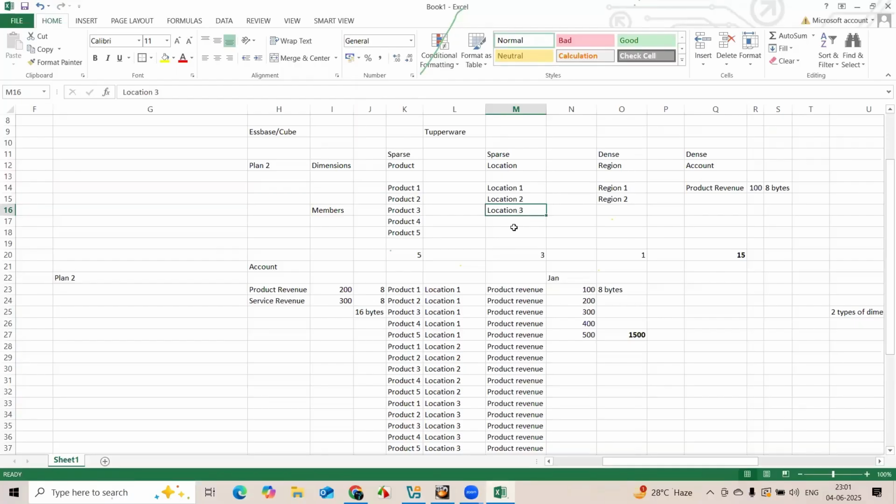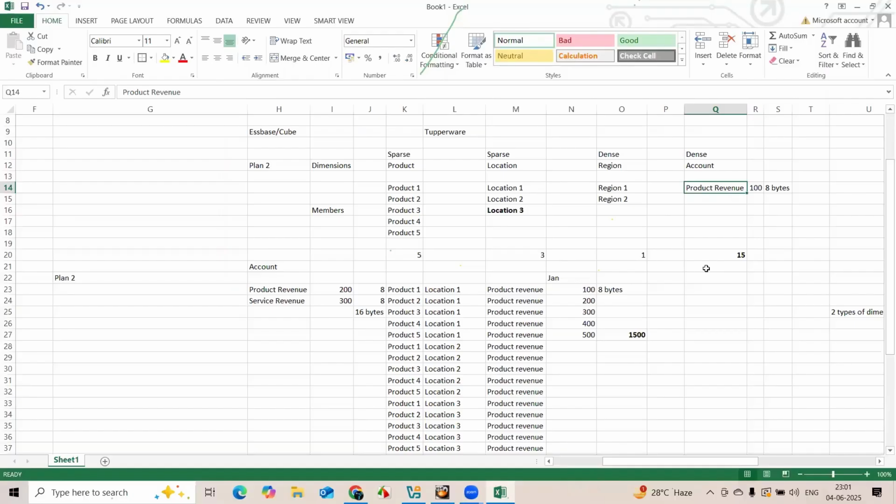There is a high chance that location 3 might not be used in the coming years. But product revenue will be used this year, in 2026, and in 2027, because they want to track revenue.